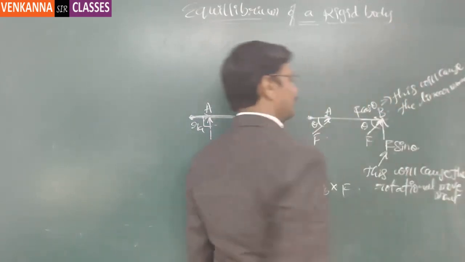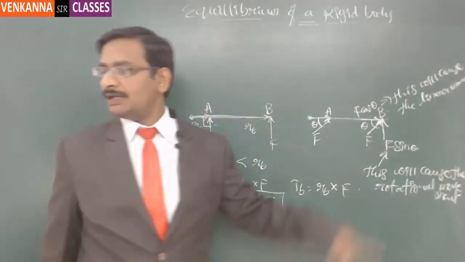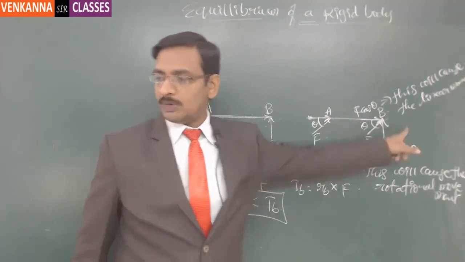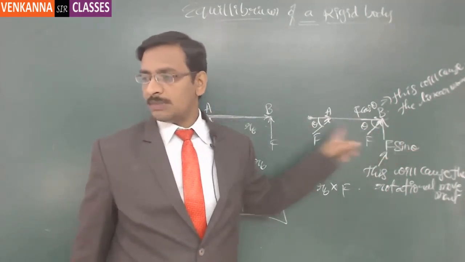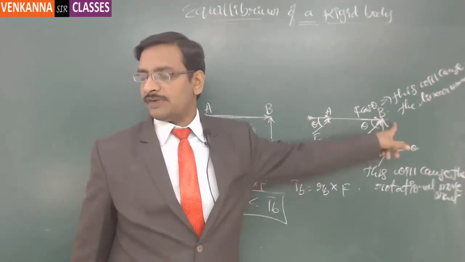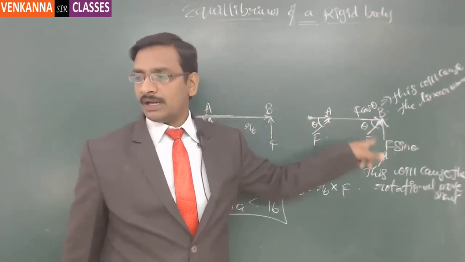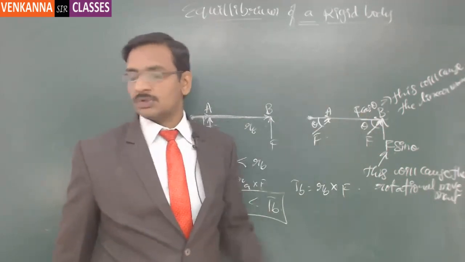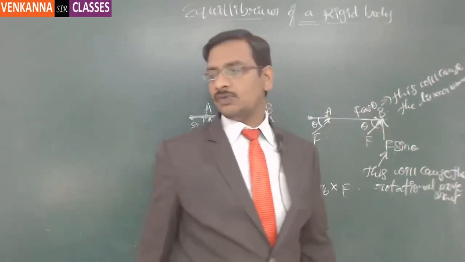So this is the difference. F sin theta is essential in rotating this body. F cos theta is essential in moving this body horizontally, that means it will move the position of this body to a different location. But F sin theta, by holding this point like this, will try to rotate it. So F sin theta is the twisting force for us.